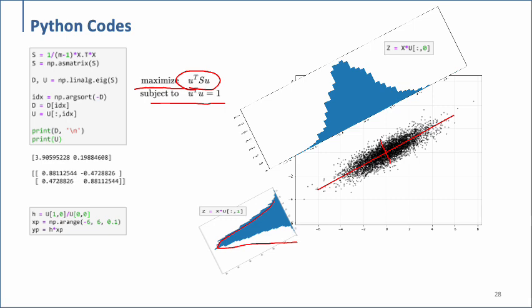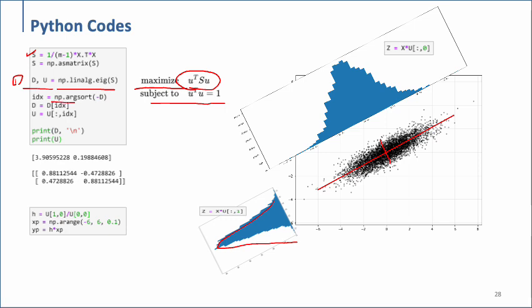By calculating the covariance matrix, our first step is to calculate the eigenvalues and eigenvectors. By using np.linalg.eig, you can calculate the eigenvalues and eigenvectors.